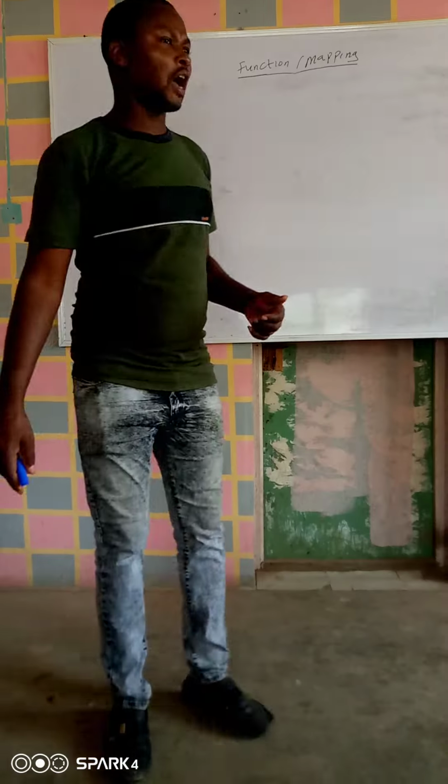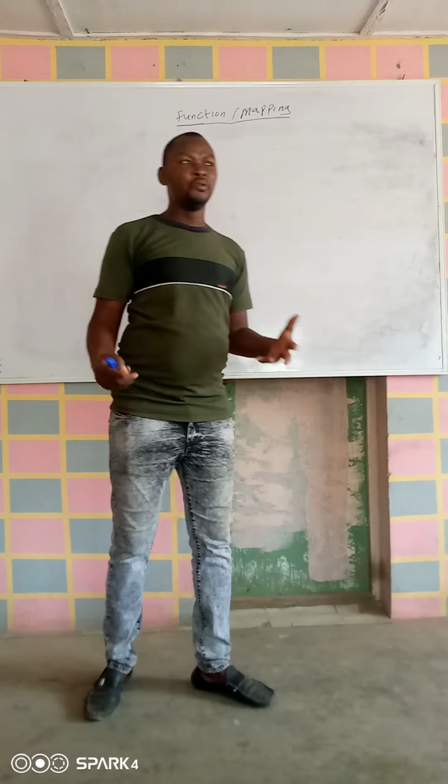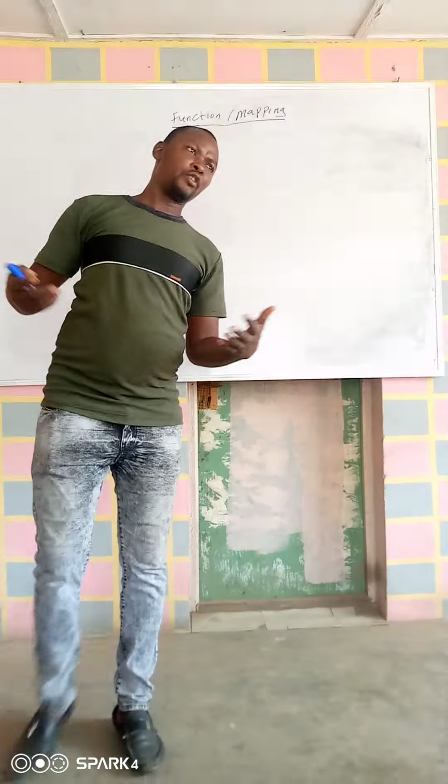So we can use an arrow diagram to represent domain, codomain, or range.